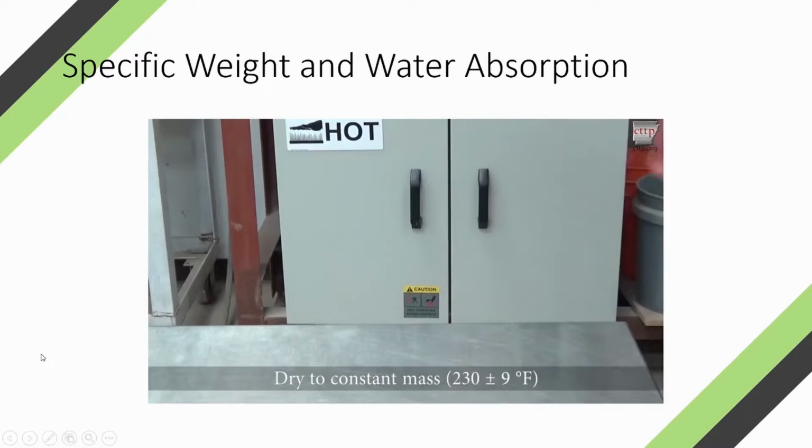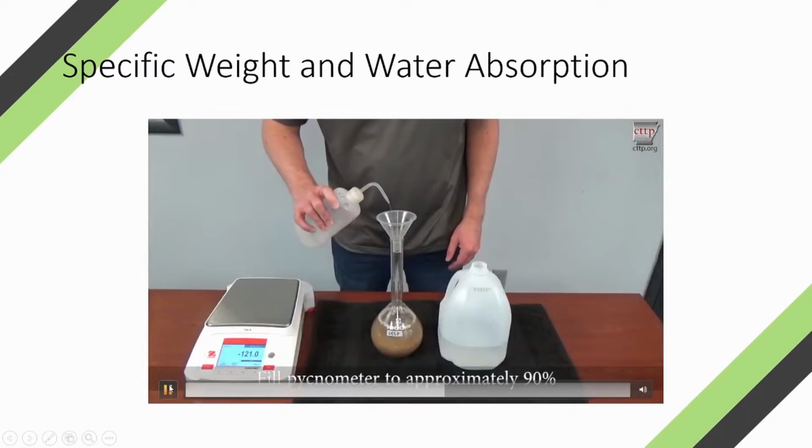Pwede rin na yung mismong sample ang i-dry ninyo kapag tapos na kayo dito sa test. Pero medyo matagal yon kasi sobrang dami yung tubig niya dito. So, maganda na meron tayong backup na sample para yun na lang yung kukunan natin ng dry weight. So, equal lang din naman yung weight ng sample na nailagay dito tsaka yung weight ng sample na dinry natin.